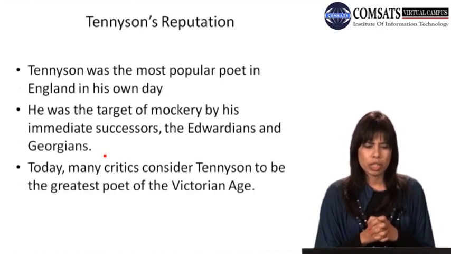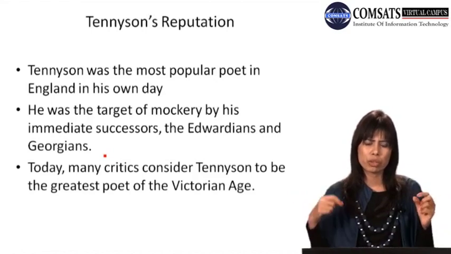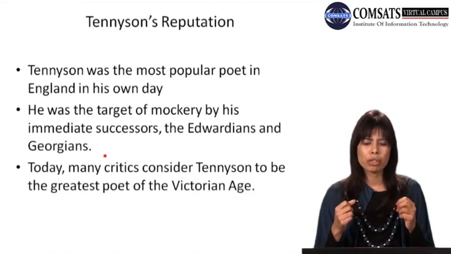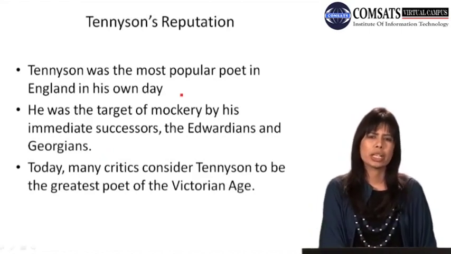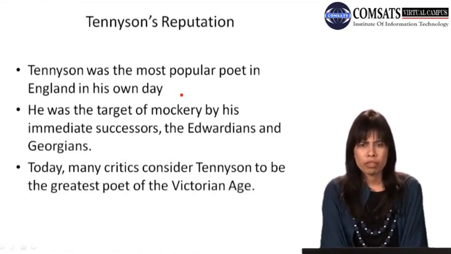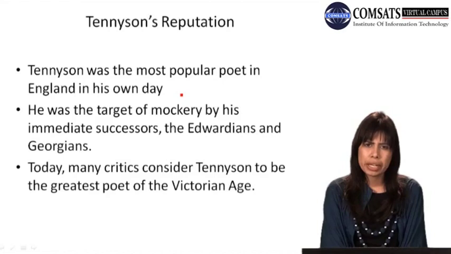Tennyson's reputation. Tennyson was the most popular poet in England in his own day. So during the first half of the Victorian period, you could see he was the most popular poet at that time. He was the target of mockery by his immediate successors, the Edwardians and Georgians. So my dear students, here you can see that this tradition is very much common among all ages, when somebody is getting success, you could see there are some opponents as well.